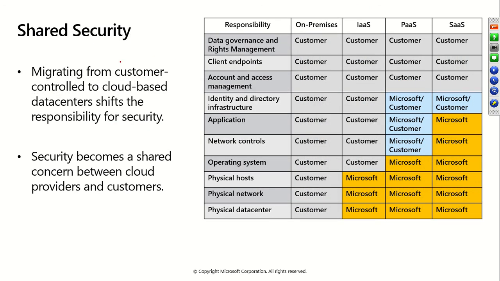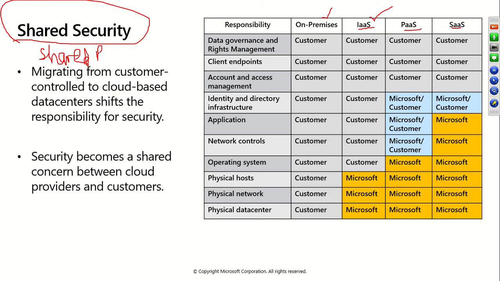Also, remember we mentioned before that there's what they call shared responsibility, based on whether your data is on premise or you are subscribing to infrastructure as a service, platform as a service, or software as a service. What is the shared security? Before now, we mentioned shared responsibility in module 1.